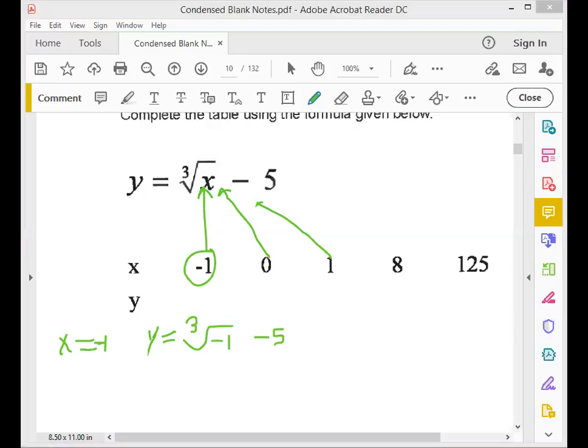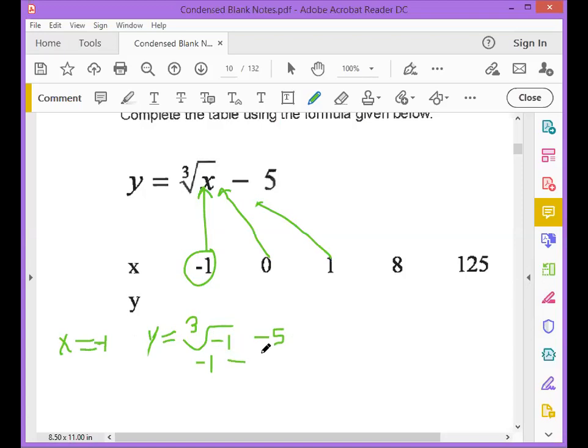What is the cubed root of -1? That's -1. -1 minus 5 gives us -6. So when x is -1, y is equal to -6. We fill in that column. Now let's look at the next column.